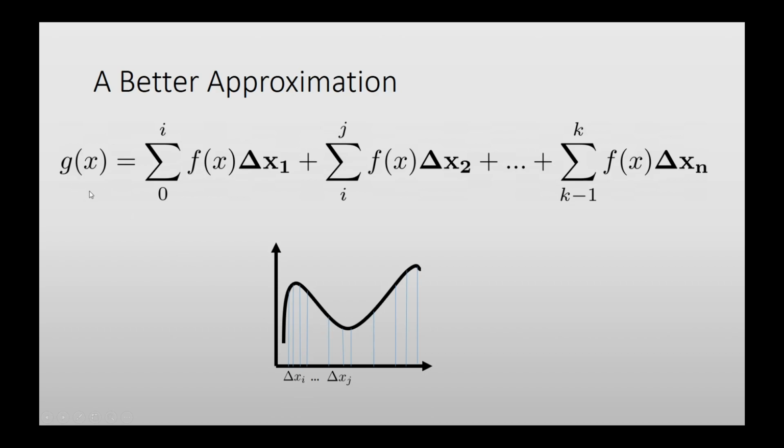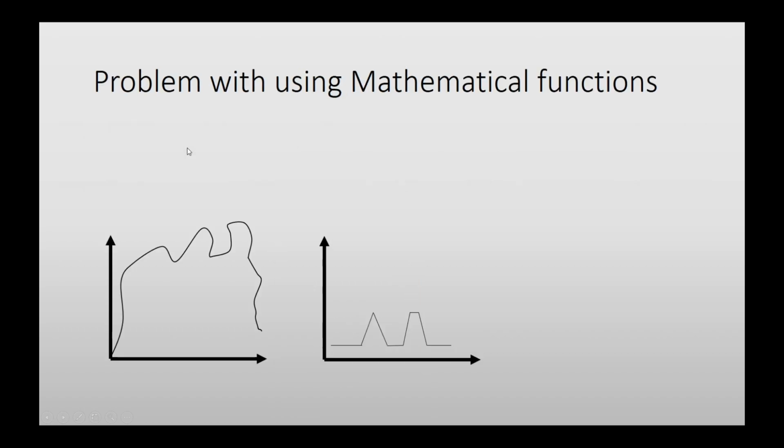Mathematically, g of x becomes the integral from 0 to I of f of x with delta x1, these small delta x1's, and then from I to j, the delta x2 is bigger, and so on. We define the mesh in terms of different delta x's. This is called adaptive meshing, and it's easier to compute the value of g of x.